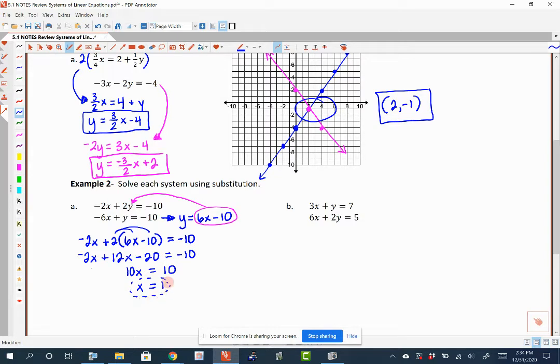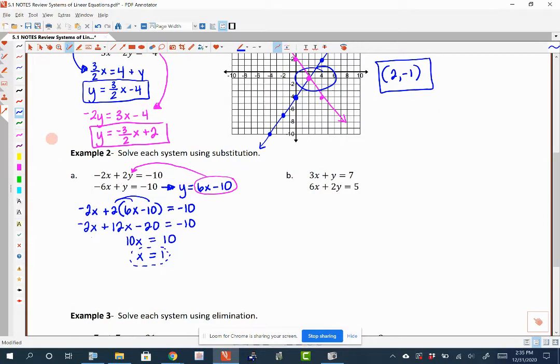Now, this is not my final answer because I know my final answer is an ordered pair, and this is just going to be part of it. So I need to still find my y. I can plug this x value into either of the original equations, or I can plug it into this second equation that I manipulated to solve for y. And I think that that's the better choice because I'm solving for y.